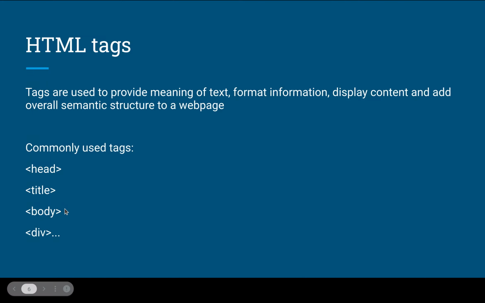So everything that is visible to the end user basically starts from the body, right? From the body of the HTML page, everything inside of this body tag should be visible to the end user. And then we have divs.